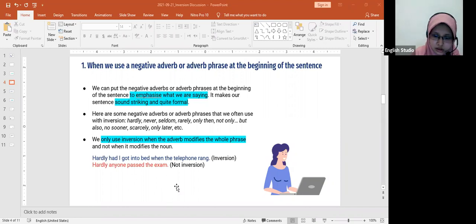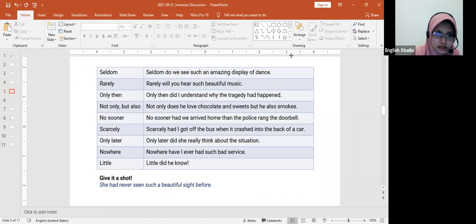Sorry, still waiting. Okay, so this is the table that I have previously mentioned. These are negative adverbs like seldom, rarely. But there are also some adverb phrases that are not negative but neutral, like not only but also.